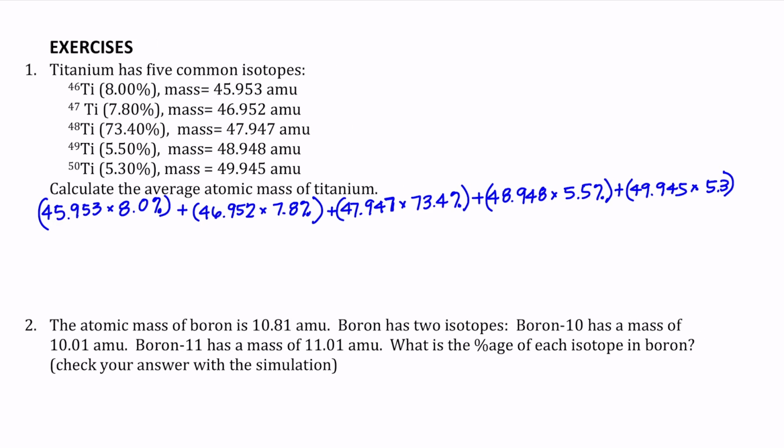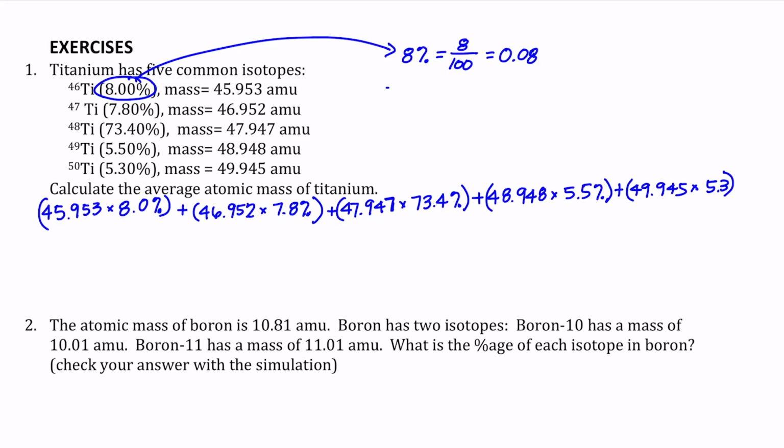I might want to rewrite all of my percentages in decimals, or I can keep them this way, but then at the end of our problem, divide by 100. So this 8% really means 8 divided by 100, which is the decimal form.